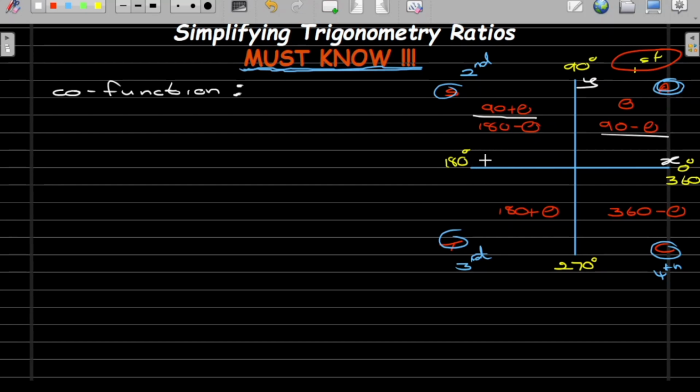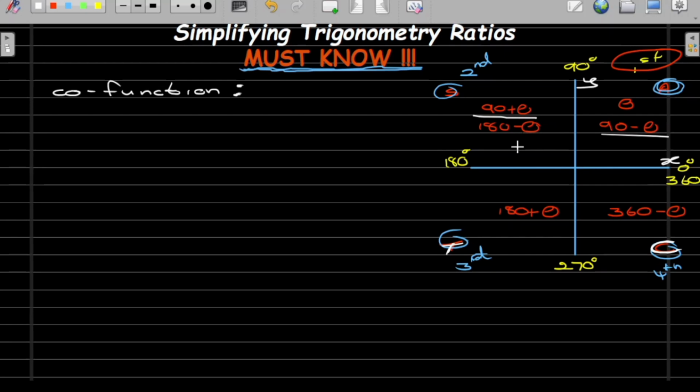Over here we have a positive and a positive, so that's why everything here is positive. I'm not going to go into much detail and explain why, but in the second quadrant only sine is positive, and then in the third quadrant only tan is positive, and in the fourth quadrant only cos will be positive.